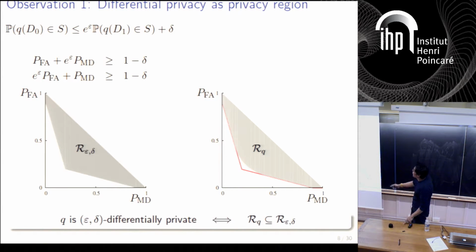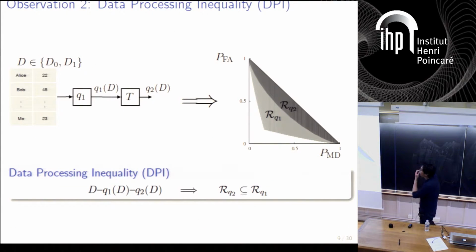And what do we use this for? We're going to use this to come up with a data processing inequality that's going to be very, very useful later. There are going to be two sides to this data processing inequality. One side is clear, that's why I call it an observation: think about a way of accessing our database through a mechanism Q1, and then somebody accesses the output of Q1 and adds more randomness, more private data, and calls it Q2.